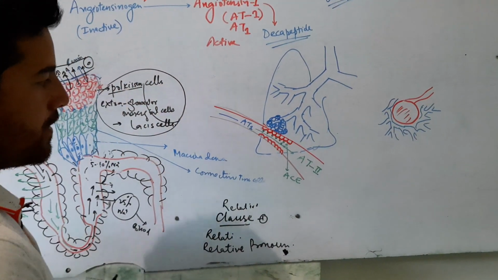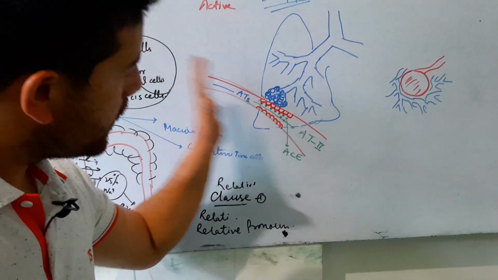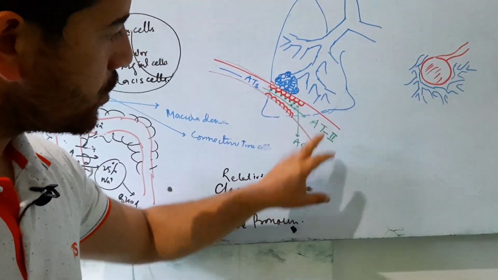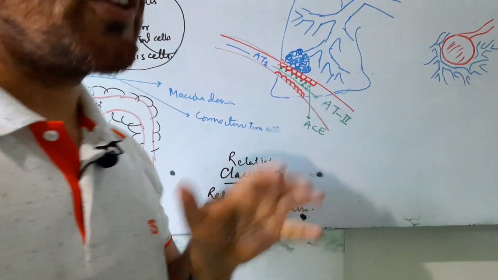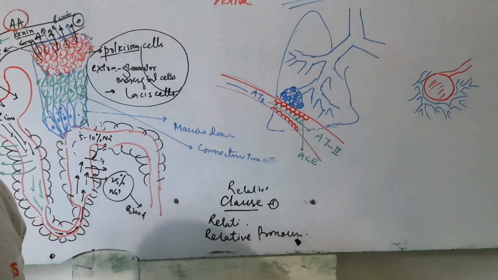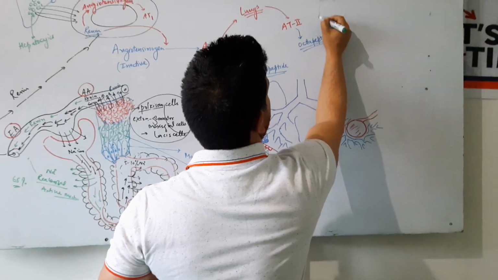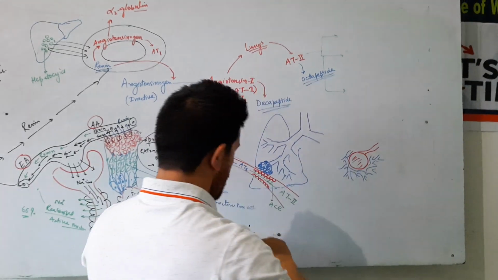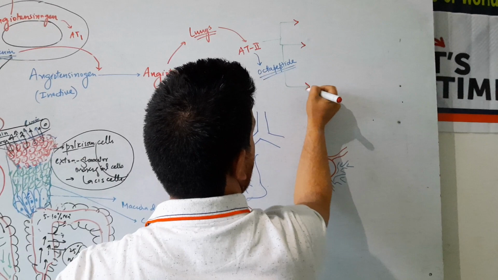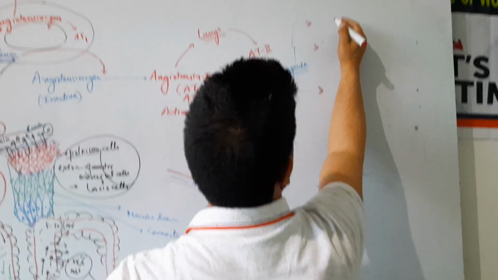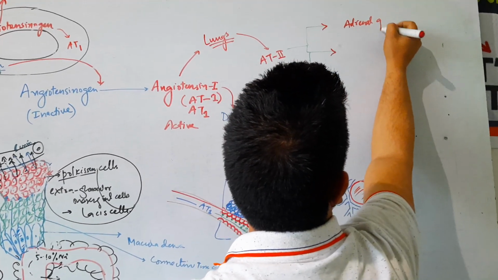Now, AT1 is converted into AT2. This AT2 molecule, that is angiotensin 2, will now perform three basic functions. One, it will act upon the adrenal gland.